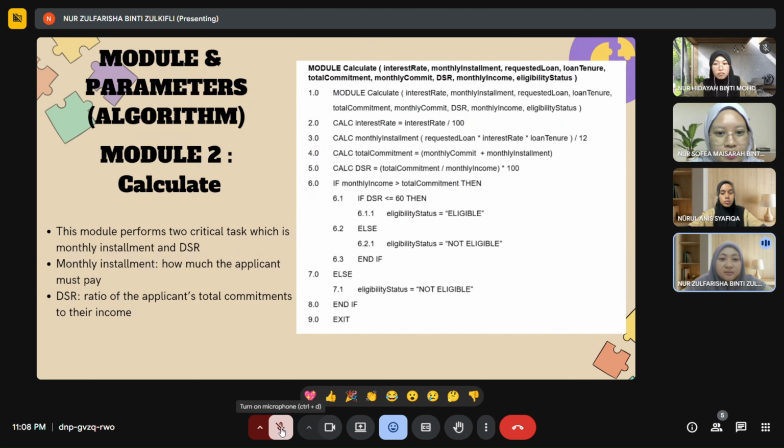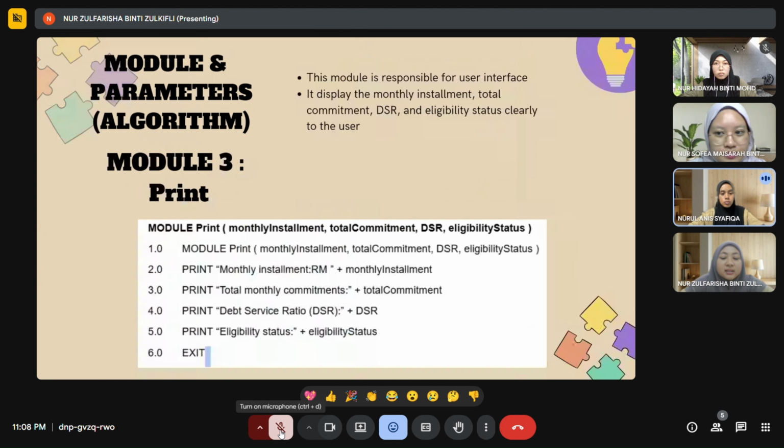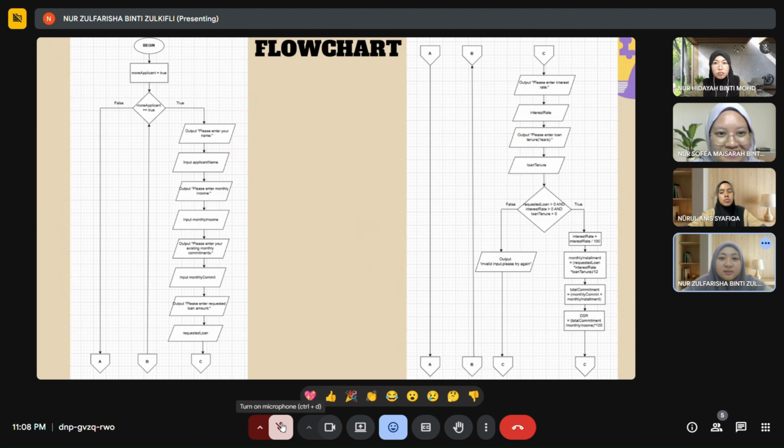For the debt service ratio, we will calculate the ratio of the applicant's total commitments to their income to determine whether they can afford the loan or not. This is our last module, which is the print module. This module is responsible for the user interface. Next, I will pass the presentation to Sophia.